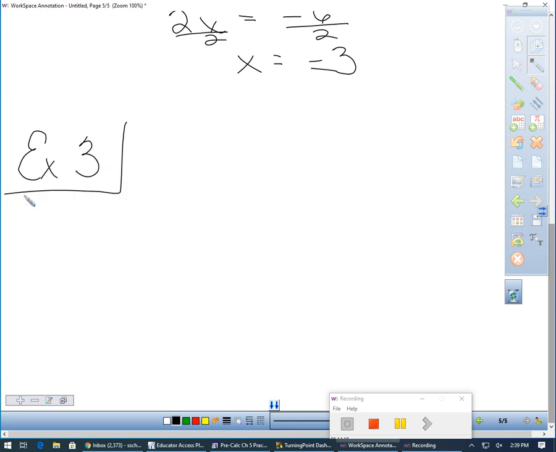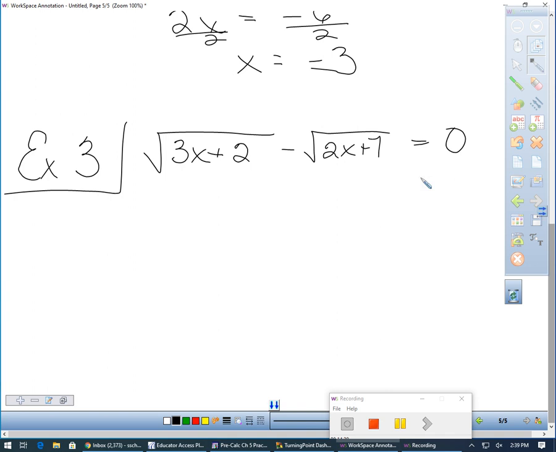All right, for example number 3, let's say I have the square root of 3x plus 2 minus the square root of 2x plus 7 equals 0. So in this one, we have to get a radical by itself.